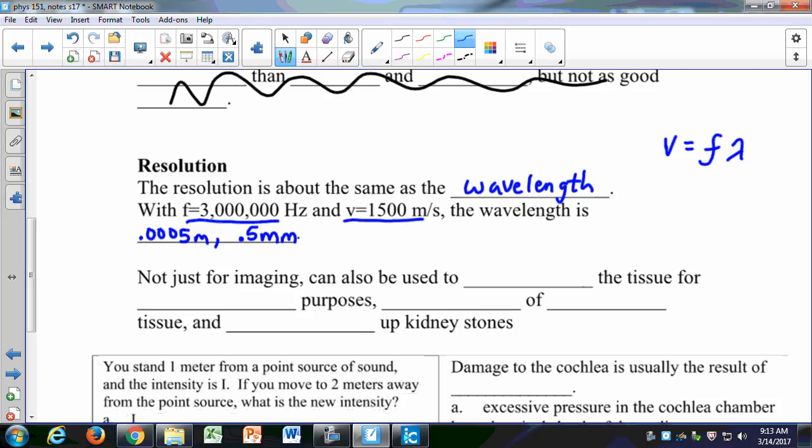So this can also be used to heat the tissue for restorative purposes. And I think you athletic training majors, you do that as well. Is that right? You use ultrasound machines to help people heal from injuries. Ablation of cancerous tissue.